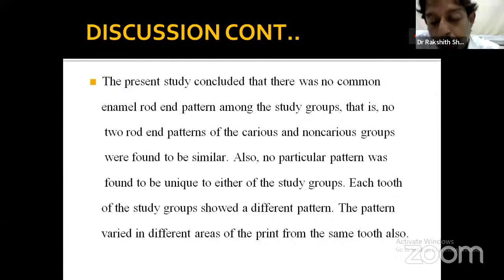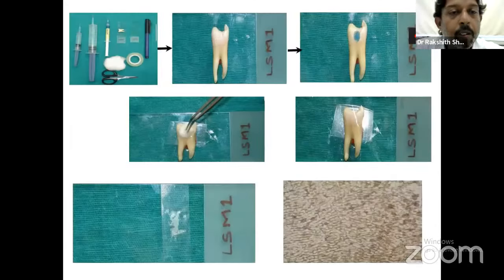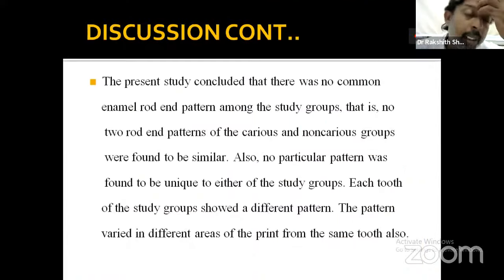In the study we are talking about, they could not get the same enamel rod pattern from each other. I mean, carious and non-carious, they tried to find the pattern, and they did not find any difference. But when I started with my study, I wanted to first see whether we could differentiate between male and female gender, which luckily we have achieved.